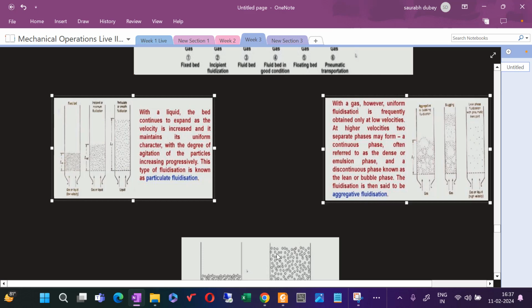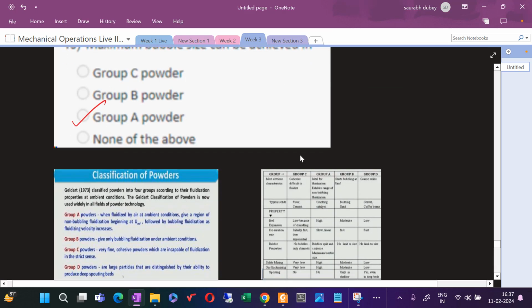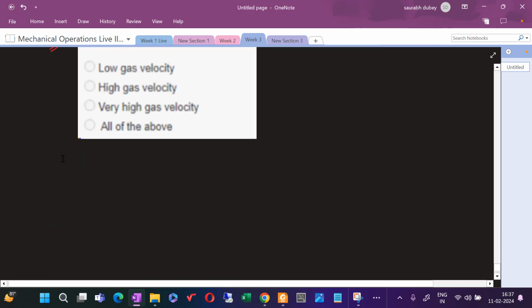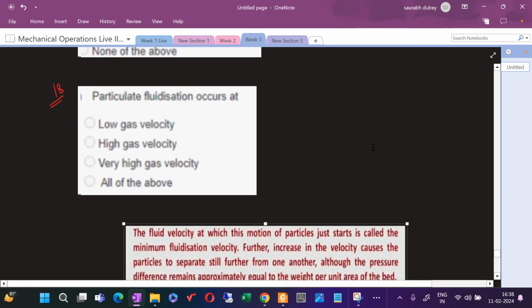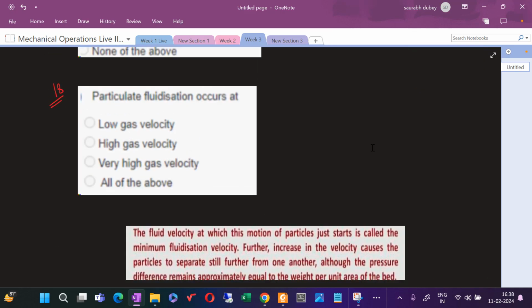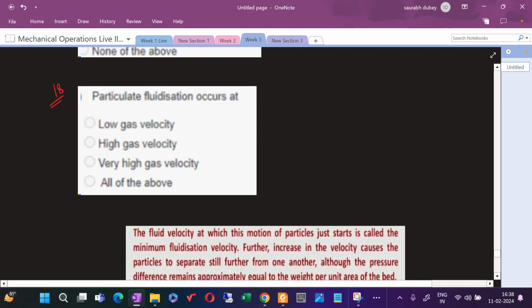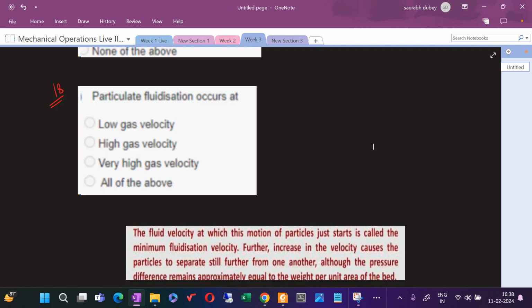So which of the following is correct? Particulate fluidization occurs at low gas velocity. Option A.